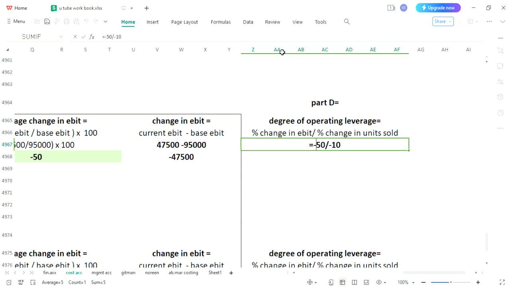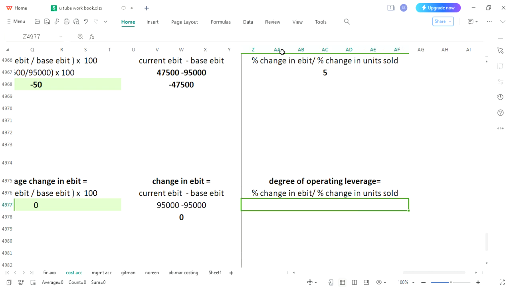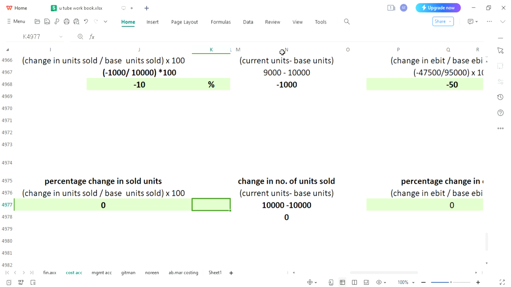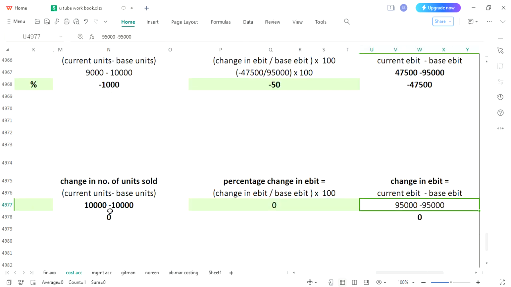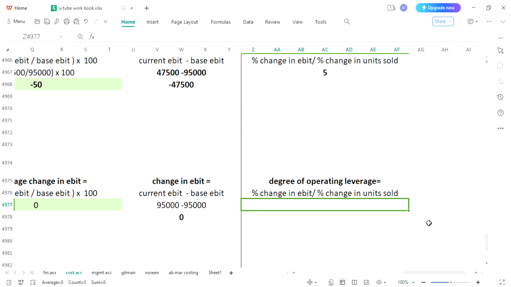Okay, from here let's calculate for part 2 percentage change in EBIT. Over here you can see percentage change in units sold is 0 and percentage change in EBIT is also 0. It means 0 divided by 0 you will get 0.